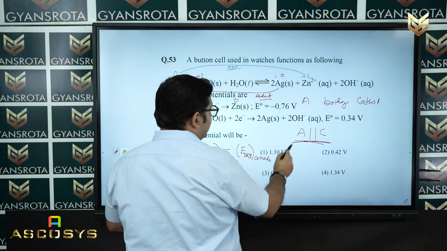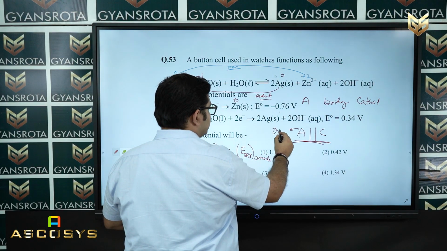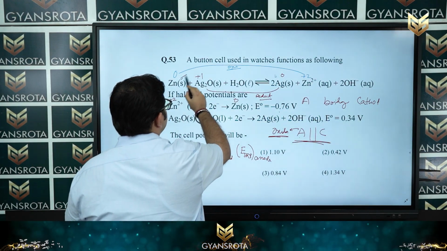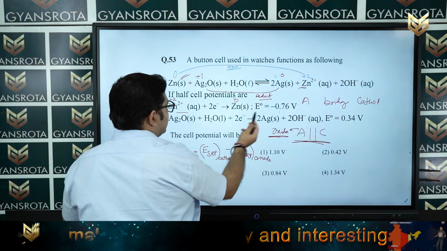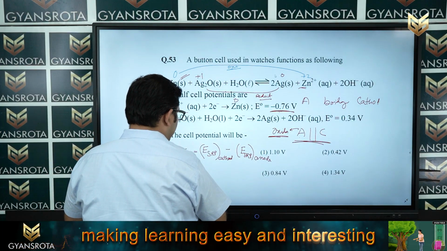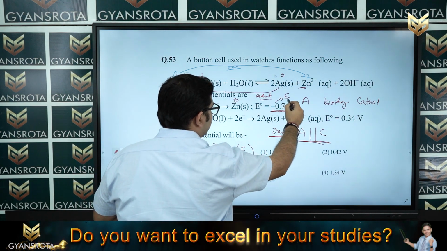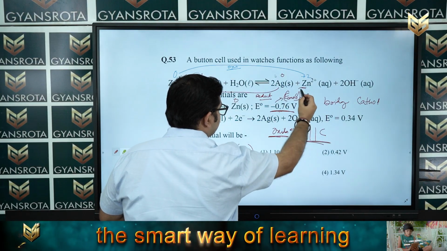Now, at the anode, oxidation takes place. This process is going under oxidation, and they are giving the reduction potential value. So, E cathode and E anode. This value is the E anode, the standard reduction potential of the anode.